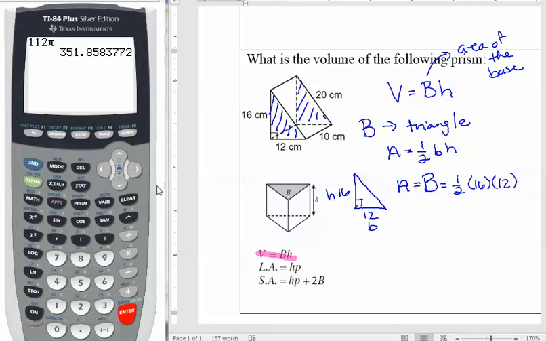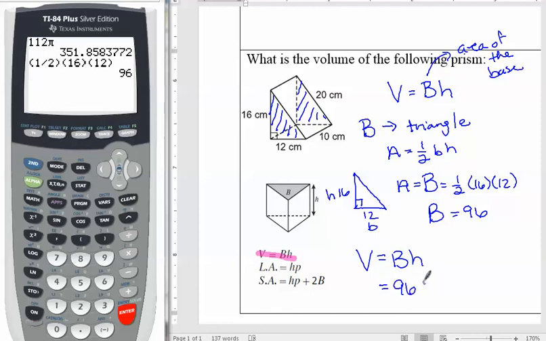And when I plug that into my calculator, 1/2 times 16 times 12, I get 96. So the big B in this case is 96. So my formula, which is volume equals big B times H. So far I have 96. Now I need to know what H is.